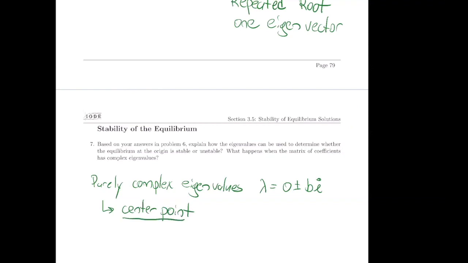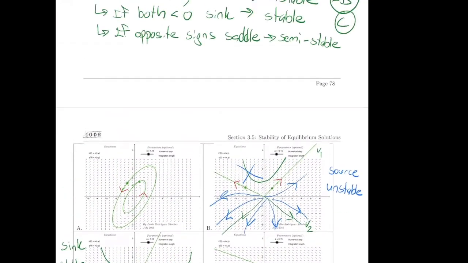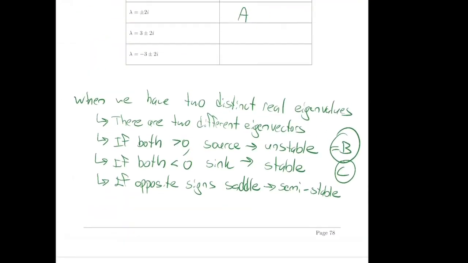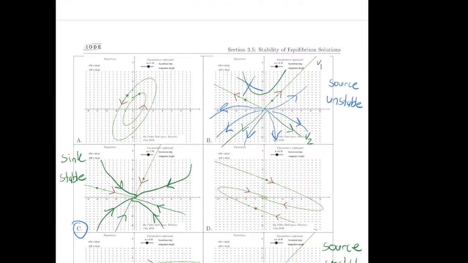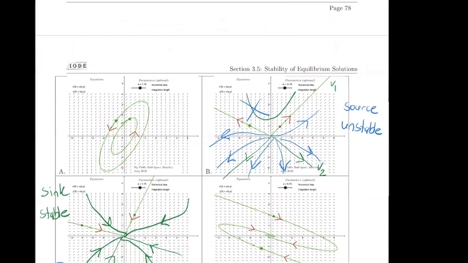We're going to get these orbits that go around the center point, and this we consider stable. The textbook might call this asymptotically stable. I'm just going to call it stable. Good. So that lines up with A over here, and this is again what's called a center point.